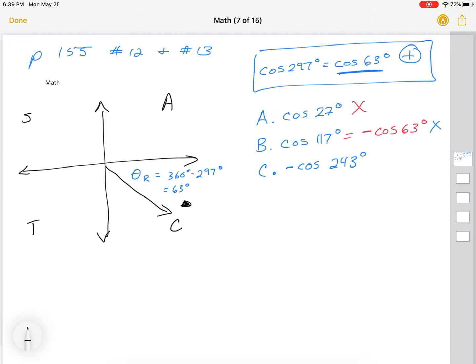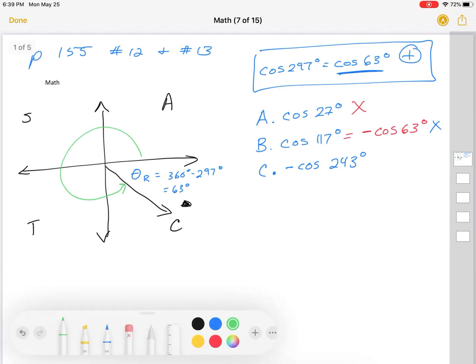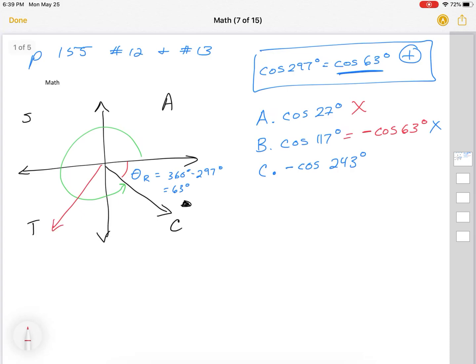Sorry about that. Overzealous with the eraser. Anyways, so 243 goes in here. Its reference angle is also 63 degrees.